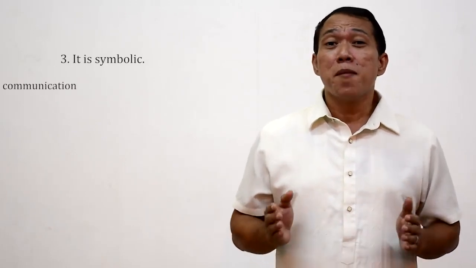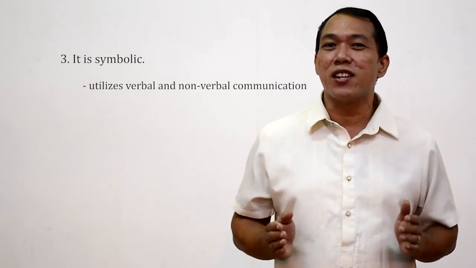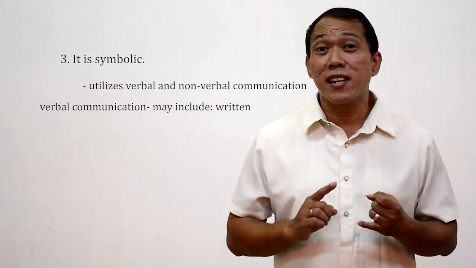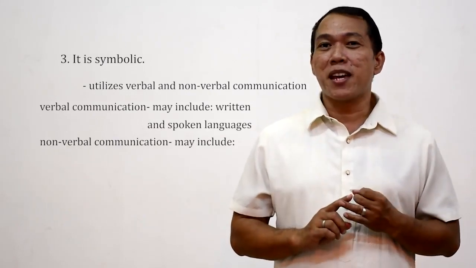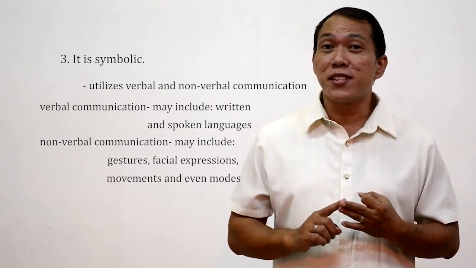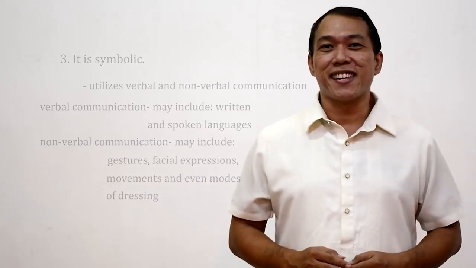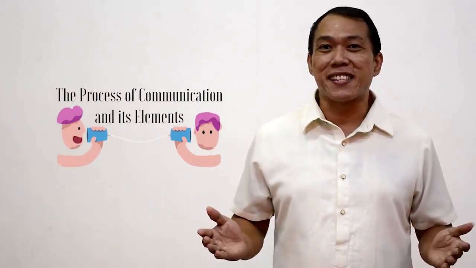It is symbolic because it utilizes verbal and non-verbal communication. Verbal communication may include written and spoken languages, while non-verbal communication may include gestures, facial expressions, movements, and even modes of dressing. Let's talk about the process and the various elements that are involved in the process.